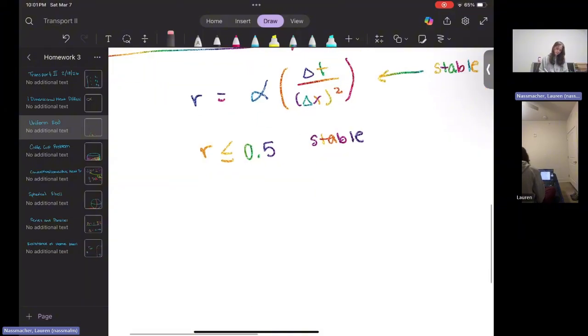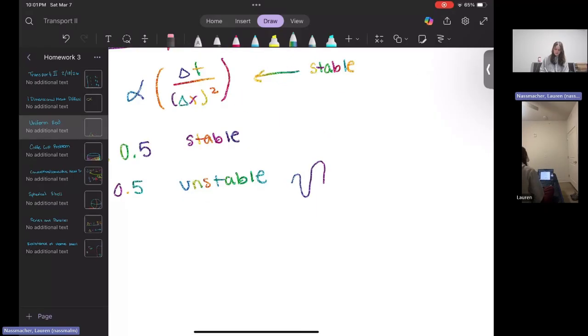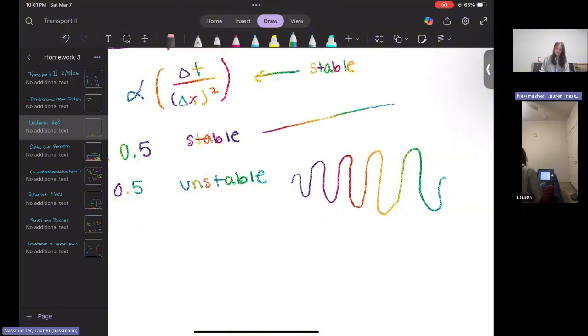But if this parameter is greater than 0.5, it is no longer stable. It is now unstable. The heat diffuses in oscillations and rapidly increases in magnitude versus a smooth increase. In a spreadsheet simulation, you can see this as a very large positive number or a very large negative number, which does not represent the actual physical heat transfer.